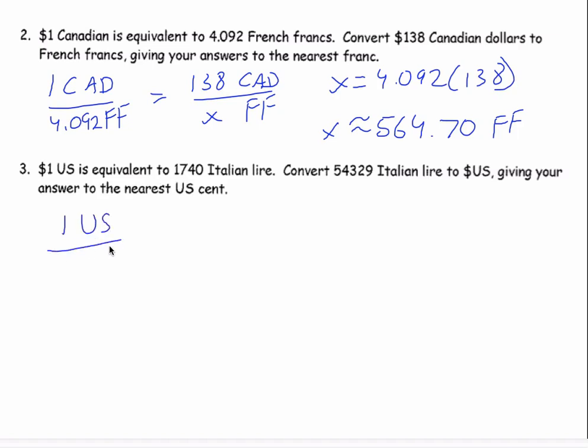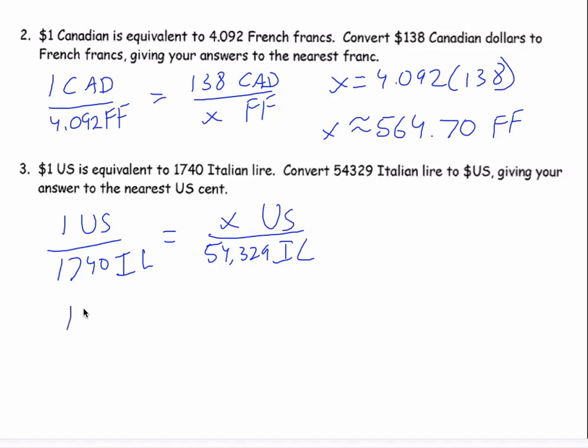Alright, next, 1 US dollar is equivalent to 1740 Italian lire. We have 54,329 lire, and we want to convert that to X US dollars. So I cross multiply, and I'll get 1740 X equals 54,329, and I'll divide.